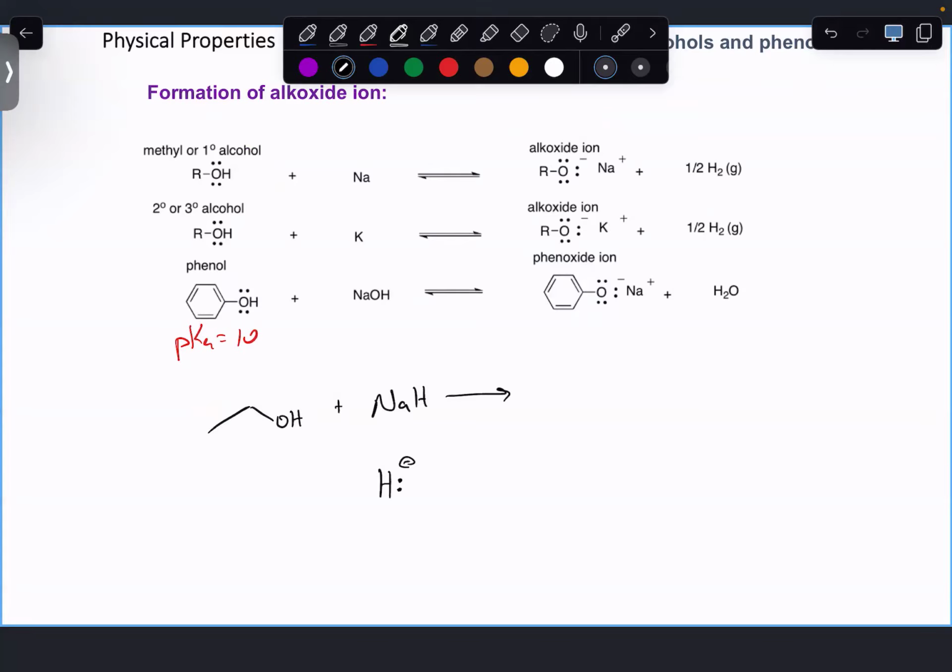And so what ends up happening is the hydride can grab the proton from the alcohol and you just generate H2 gas. So that is a very, very common method of deprotonating alcohol.